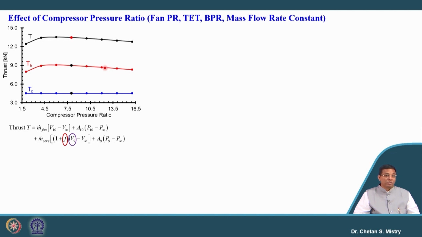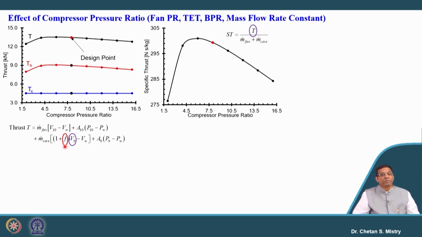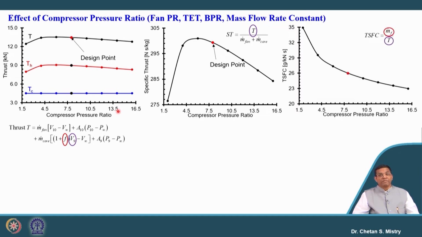Reason, as we have discussed earlier, we need to be careful in terms of what is happening with my exit velocity and what is happening with our fuel air ratio. Okay. Now, this is representing my specific thrust. This trend we can say is in line with what we have for our thrust. Same way here, this is representing my thrust specific fuel consumption.